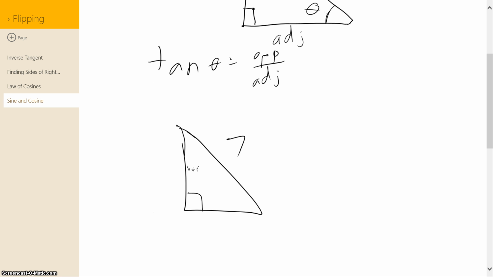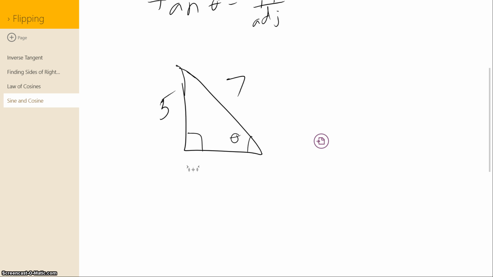And this one over here is, let's say, 5. Here's my angle, theta. Let's say I want to find theta. Well, in order to do this with tangent, we'd have to figure out what this missing side is down here, and that just is pretty messy. It takes a long time.